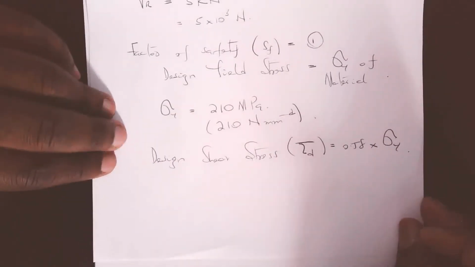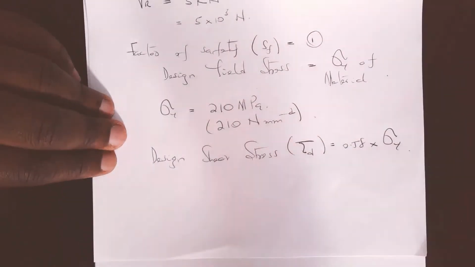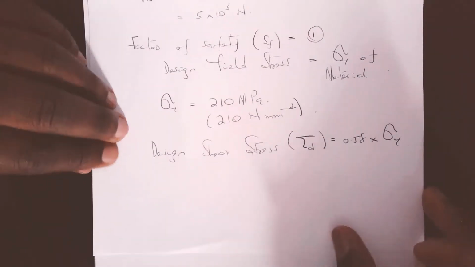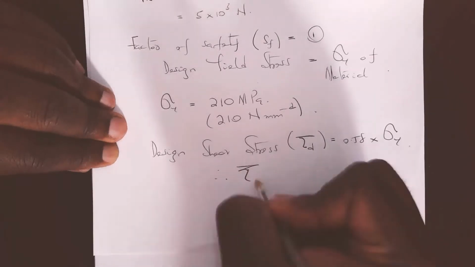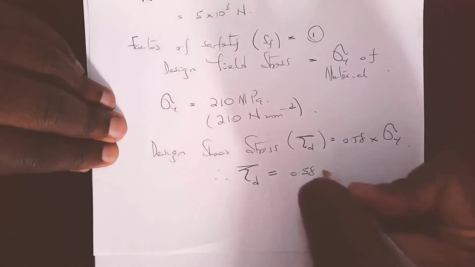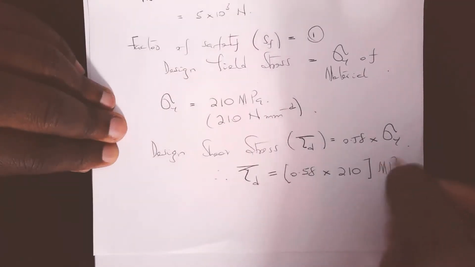In this instance, we haven't been given a safety factor, so we're going to be looking at a similar situation in determining the diameter of the bolt if given a safety factor and some other design conditions. Therefore, the design shear stress will be equal to 0.58 times 210 MPa.